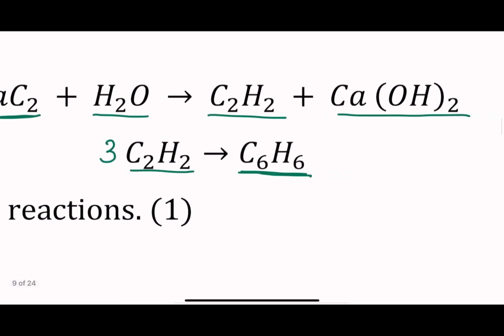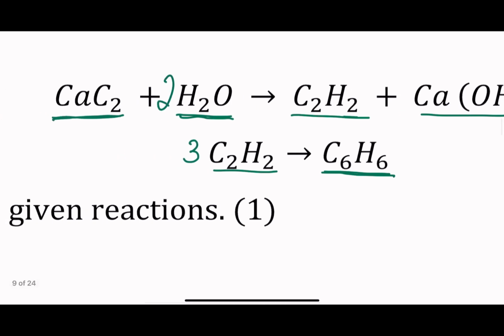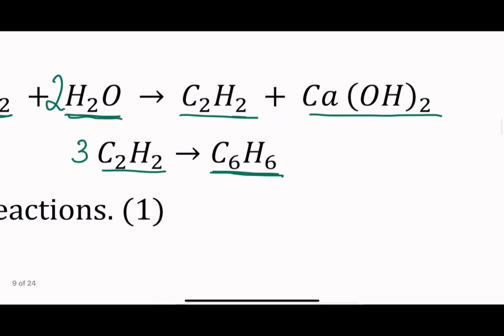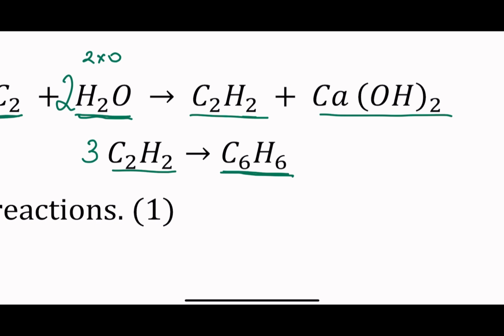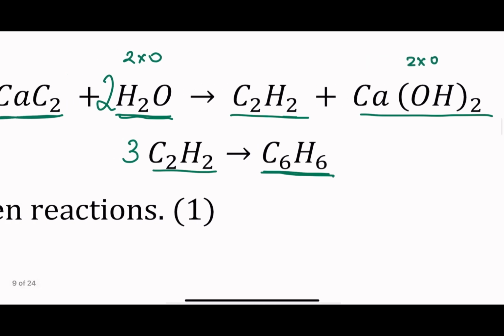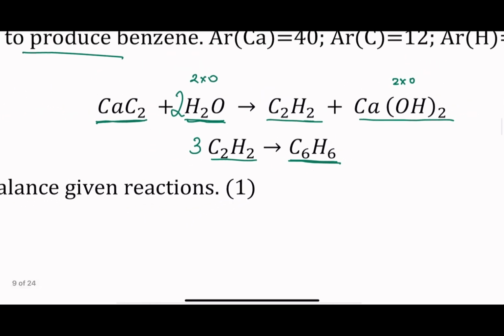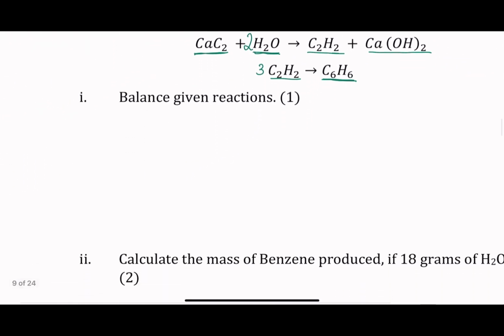Hydrogens: you've got 2 hydrogens here, but you have 2 plus 2, so 4 on this side. So we're going to multiply this by 2. Now let's check oxygens again. We got 2 oxygens on the left and 2 oxygens on the right. So everything is good. Carbons, hydrogens, calcium, everything is good. So now you have these reactions.